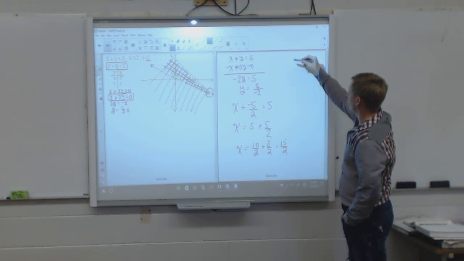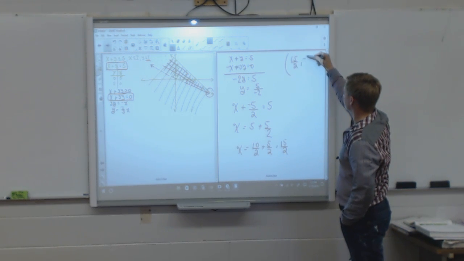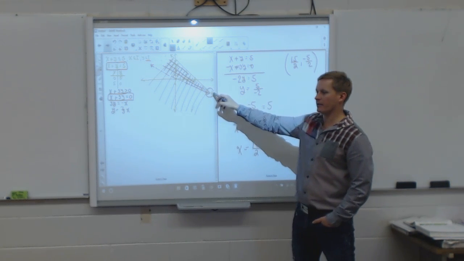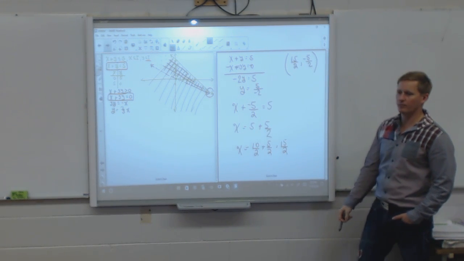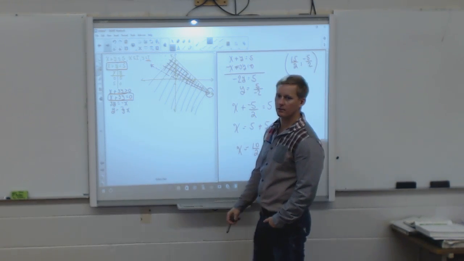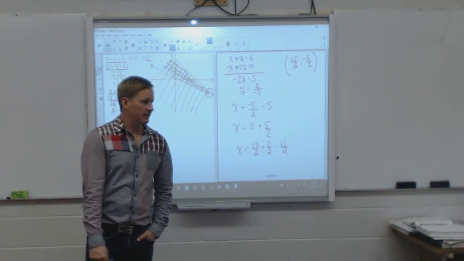So where do those two intersect at? This coordinate right down here where they intersect at, 7.5 and negative 2.5. So eventually that's where we're leading.